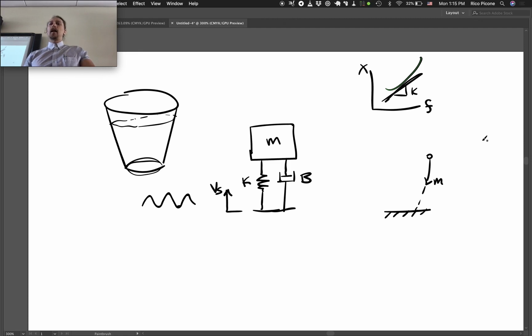Okay. And we also have the cup motion, right? So we've got the cup velocity source coming in here. That's what's causing the motion to happen. And so we've got our velocity source.